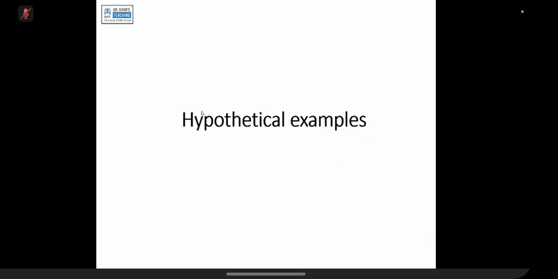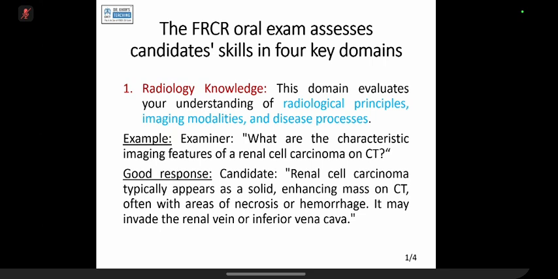So there are many hypothetical examples, but I don't want to go into details of the term radiology knowledge and the other four terms. Just to give you an idea, radiology knowledge means understanding radiological principles, imaging modalities, disease processes. For example, if the examiner asks you, how does a renal cell carcinoma look?